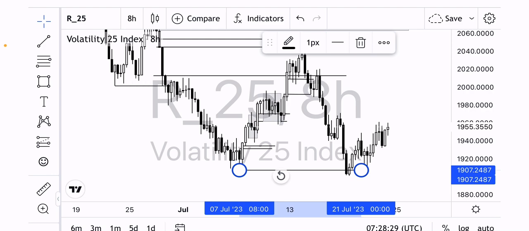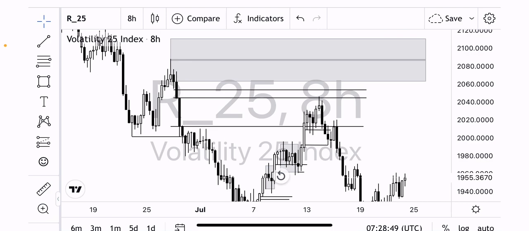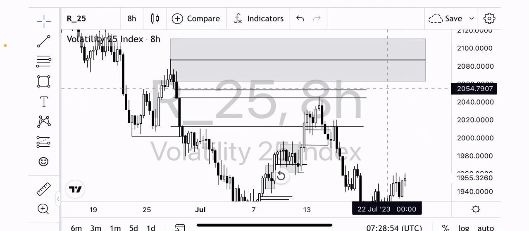Market sometimes just uses the fair value gap just to ensure that it doesn't get to the limit of traders. They make sure that they use the fair value gap so that they can skip the limit of traders. A lot of traders will actually put their sell limit here because obviously we are in a downtrend.